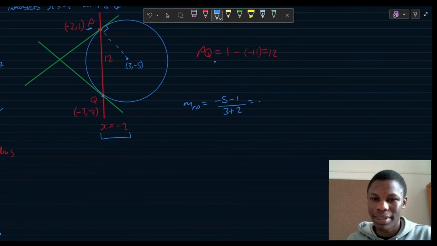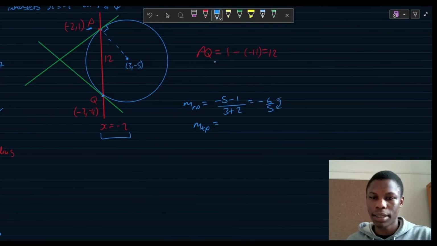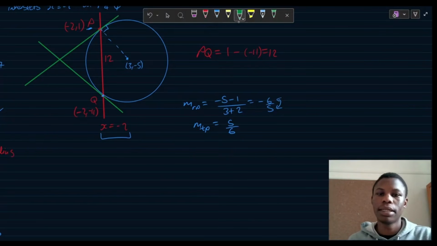So that's -6 over 5. This is the gradient of the radius to P. So because the radius is perpendicular to our tangent, it must mean that the gradient of the tangent at P is equal to, just flip this and change the sign, so 5 over 6. That's the gradient of our tangent.